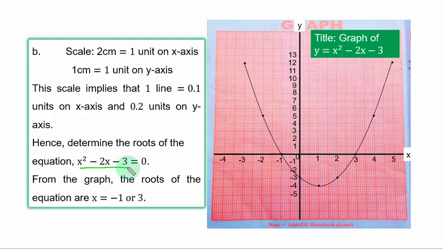This is the equation that you have plotted, and as such, no further simplification is required. The roots of the equation are the points of intersection of the curve with the s-axis. The roots are minus 1 or 3.